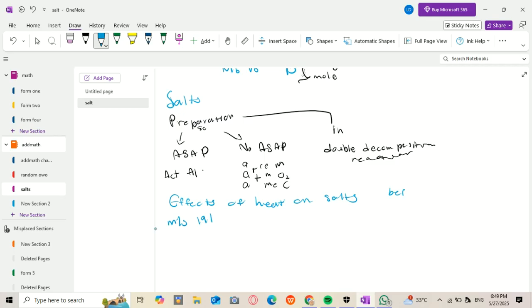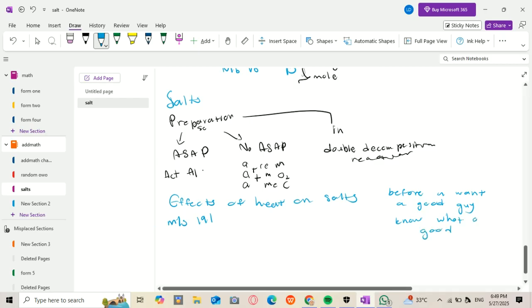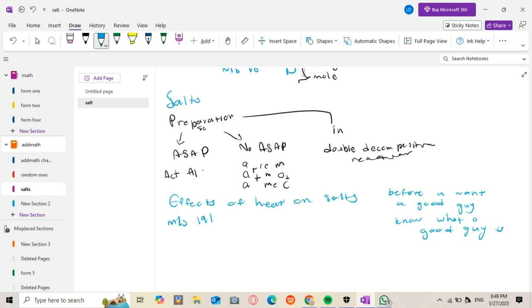Like, before you want a good guy, you have to know what a good guy is. So you basically want to know how to identify the gases. Read page 191 and page 192 for the different tests to identify gases. I'm not going to explain one by one because it's a lot, just read.